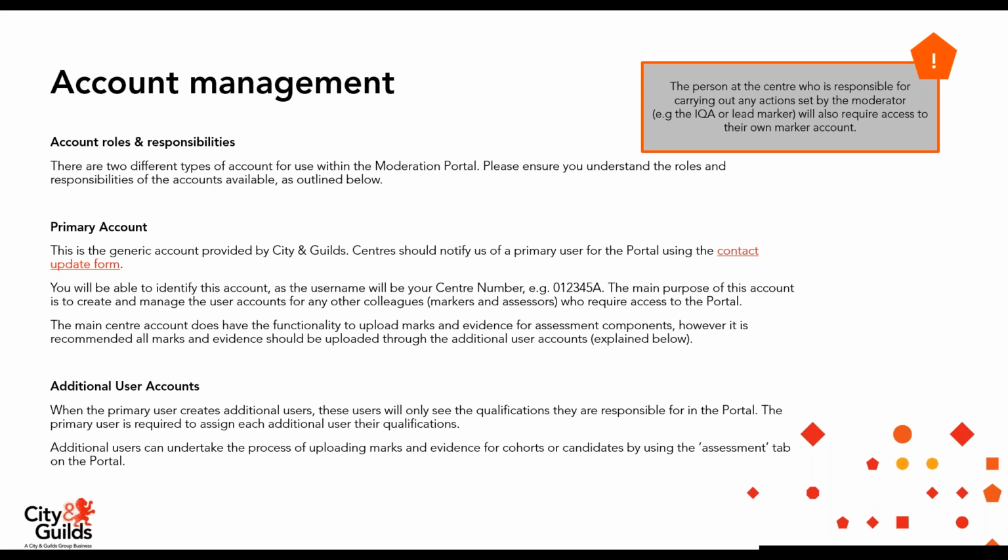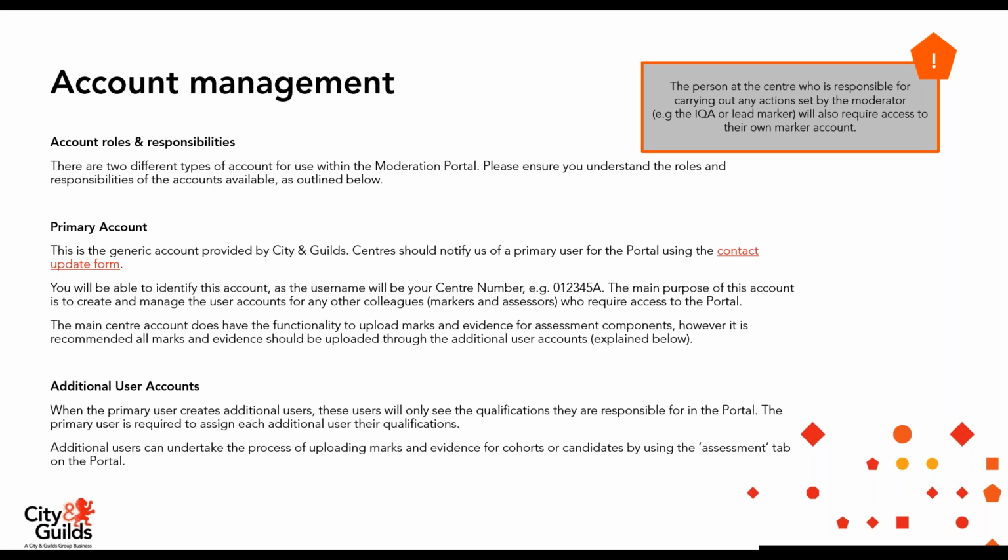So you may have multiple sectors delivering technical qualifications, let's say hair and beauty, land and animal, and in those different departments, you have the option to create other users within each of those sections to then upload their own marks, evidence, outcomes for their own candidates.